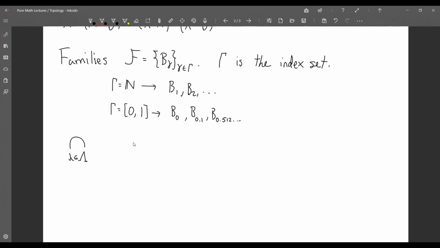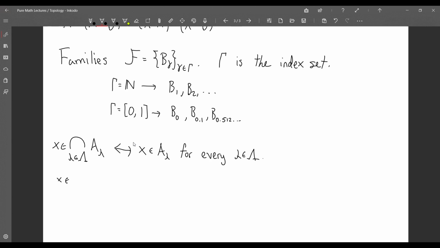So this is lambda and big lambda. The intersection of all these sets is just a set, and we can define it by looking at what it means to be an element of this set. It just means that X is in A sub lambda for every lambda in big lambda.